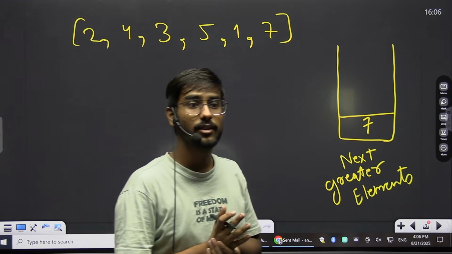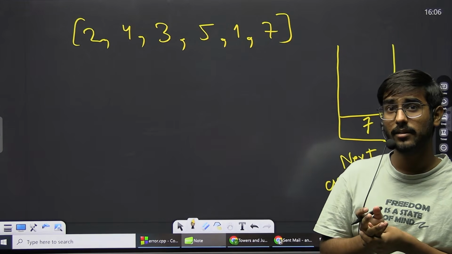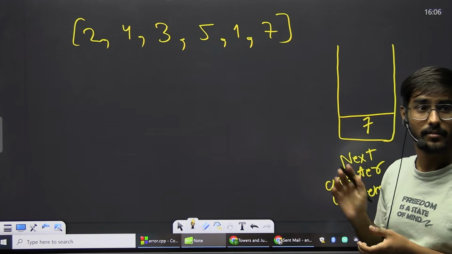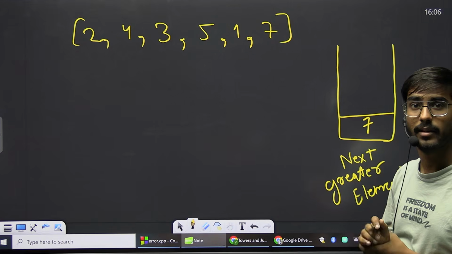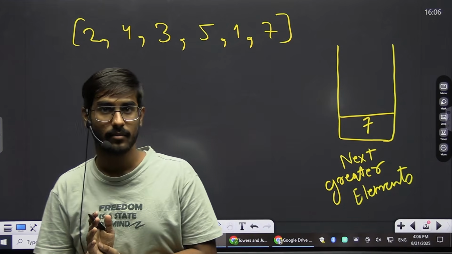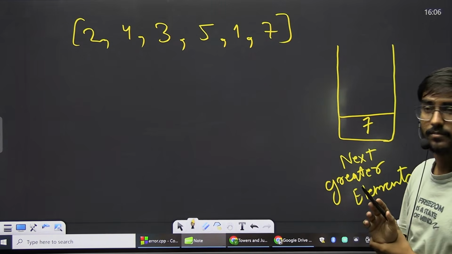When will this be the case, when no kth next greater element is available? When either the stack is empty, which means no kth greater element exists, or the size of the stack is lesser than k. Now 7 I have pushed.